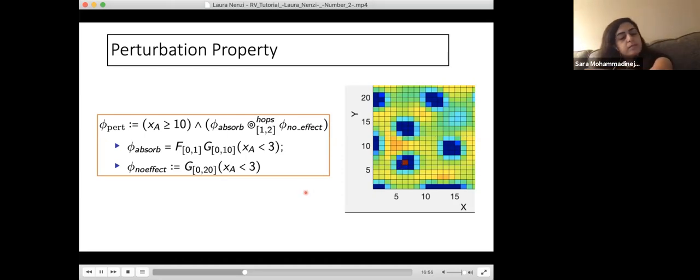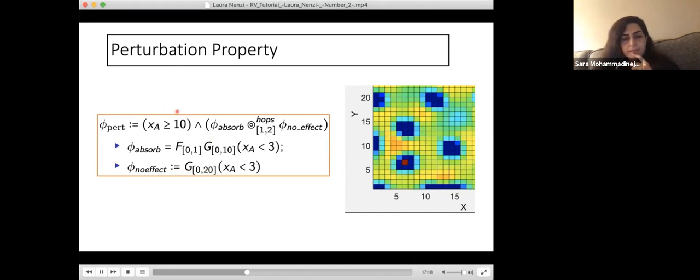And why have we used such a high value? To perturb the system, but also because in that way, as you can see now on the property, the only location that can satisfy the property, the value of A greater or equal to 10, is the one that we have perturbed.